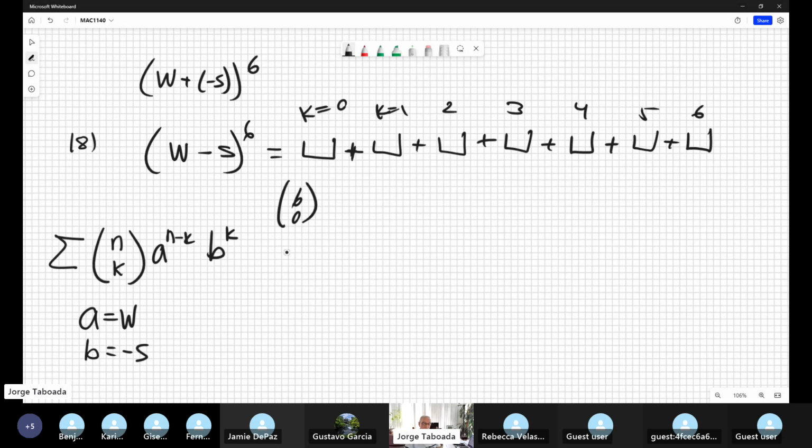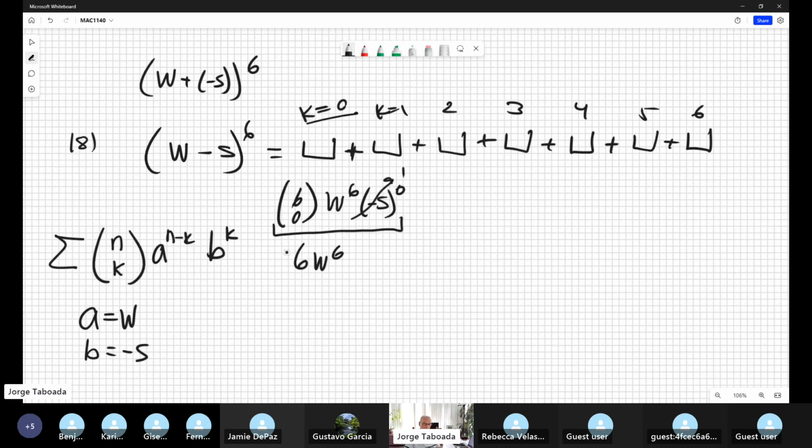So it's combinatory 6, 0, W to the 6 because K is 0, and minus S to the 0 because this represents K equals 0. Well, okay, you can simplify. This is W6 and this is 1.